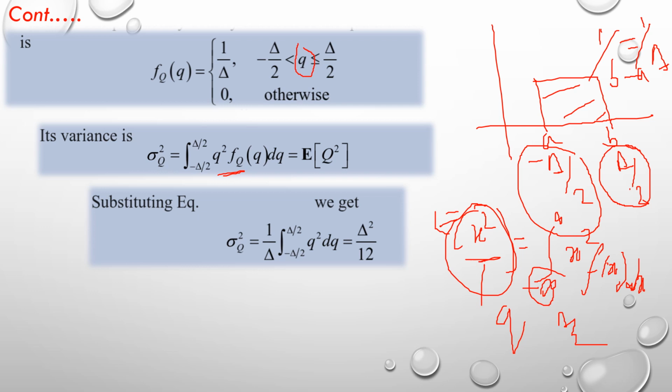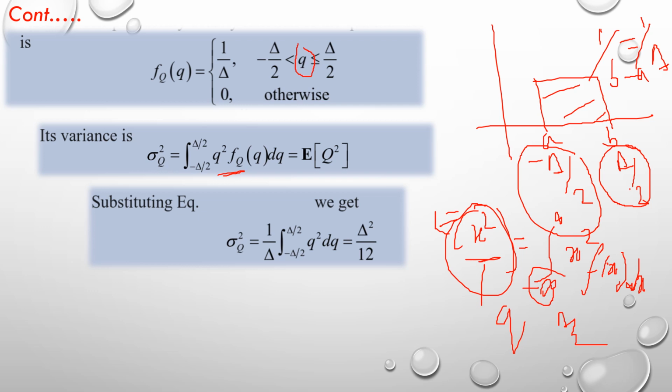So after substituting, we get the mean variance sigma q squared is equal to 1 divided by delta times the integral from minus delta by 2 to delta by 2 of q squared dq. Here 1 by delta is a constant factor, so you take it outside.